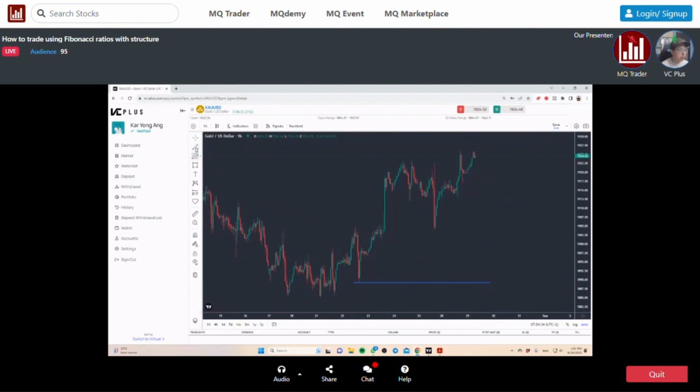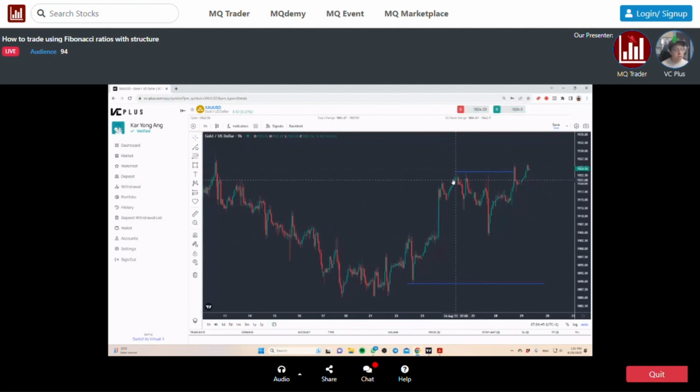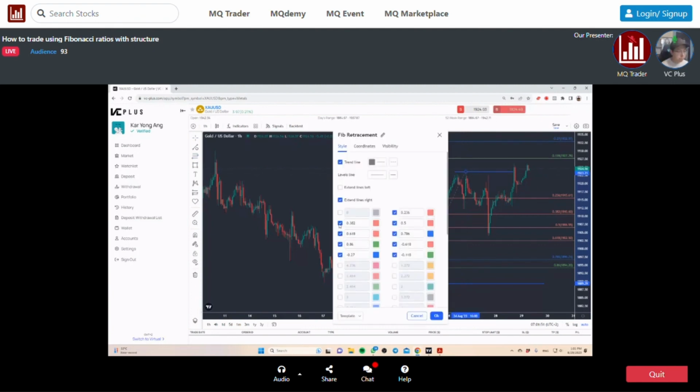Just visualize a little bit, this one before it happened today, because last week we were not there yet. So we pull our fibs from swing low to swing high, and we identify the red zone.